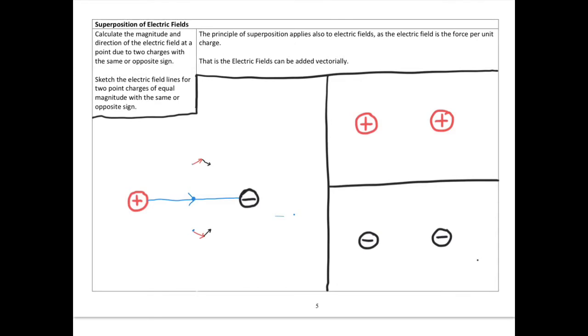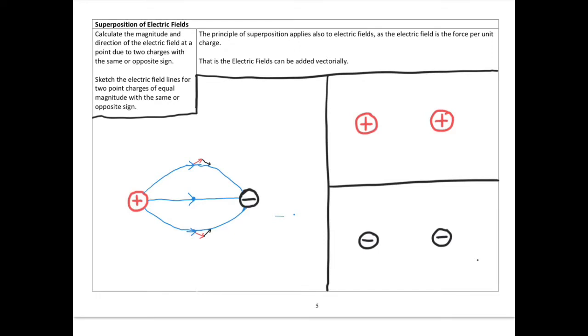So if we add those two together, we get a vector that goes that way, and a vector that goes that way. And if we did that all along that line, we would get an electric field line that looks like that. Make sure that meets at 90 degrees.